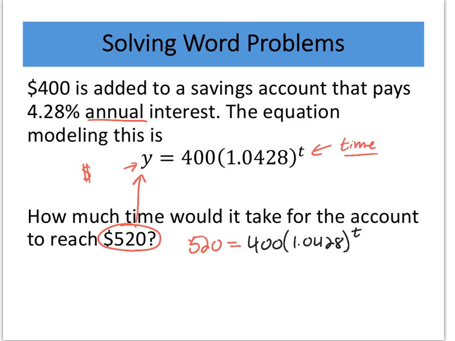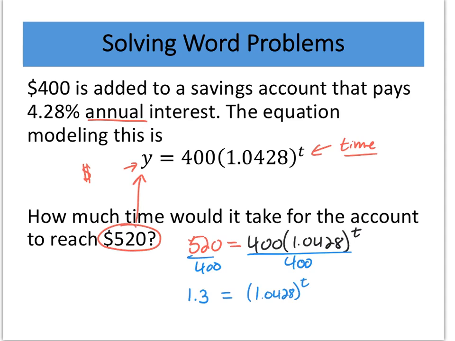And now this is an exponential function that is very easily solvable. We'll want to divide by 400 on both sides. So 520 divided by 400 is 1.3, equals 1.0428 to the power of t.